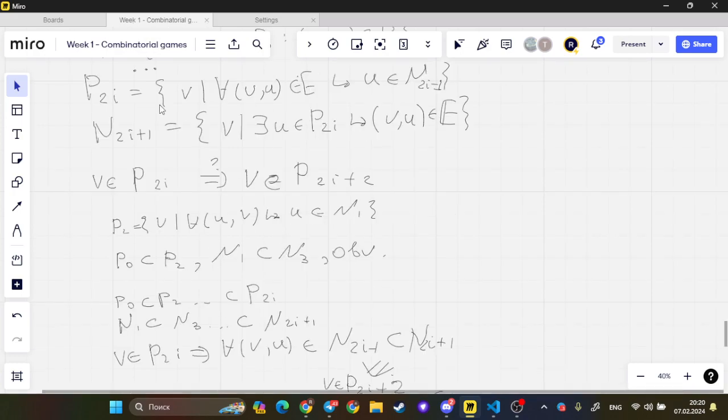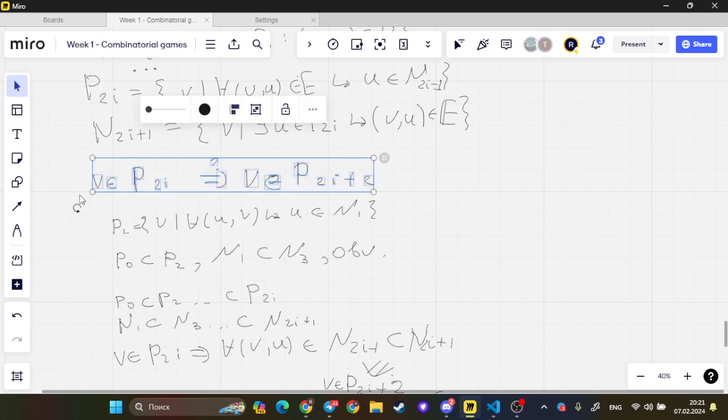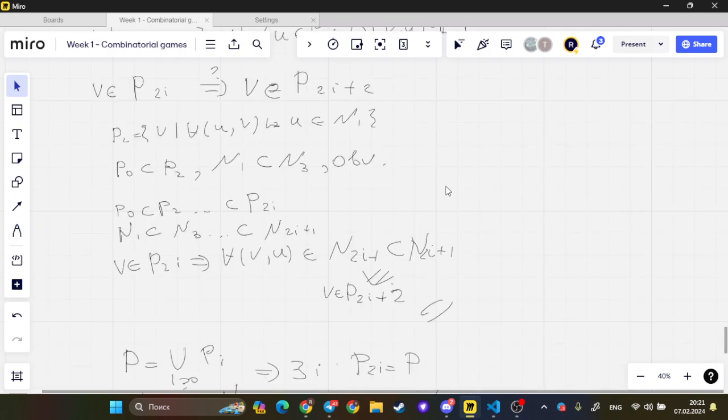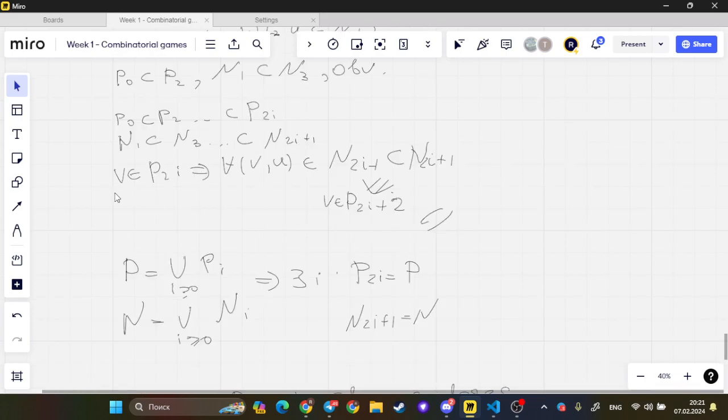So we need to prove this, and we prove it by mathematical induction. We prove the base, that's obvious, I think, and then we consider our vertex.